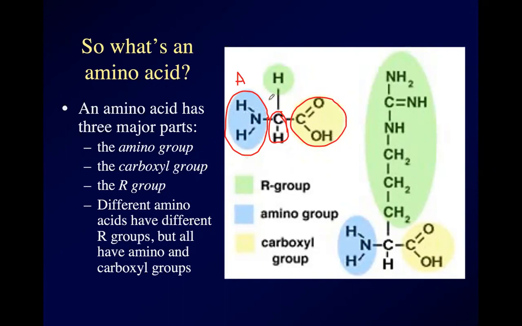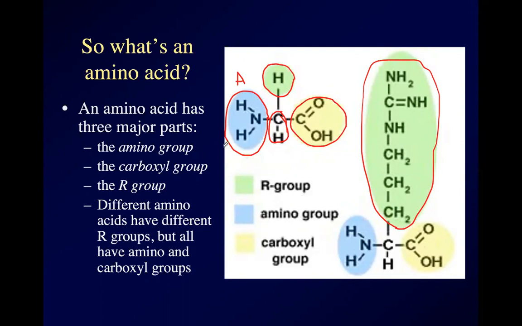And then the third thing that's sticking to that central carbon could be anything from a single atom of hydrogen to a big chain of carbons, hydrogens, and nitrogens, to a smaller chain, to a ring, could be almost anything.